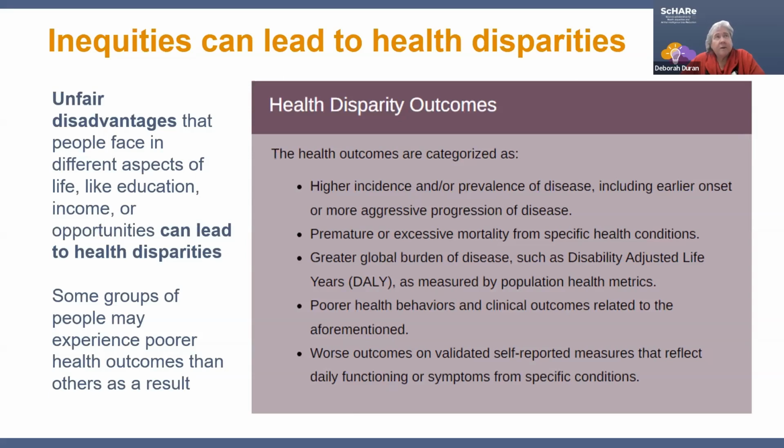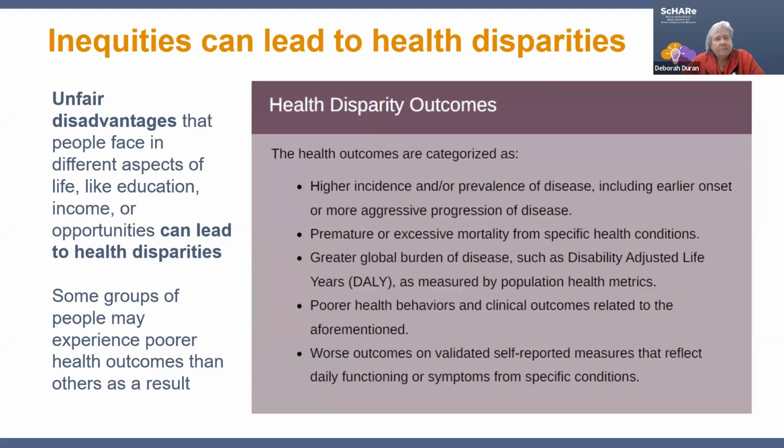And we think of health disparities based upon these outcomes: that there's a higher incidence or prevalence of a disease, there's premature or excess mortality from a specific health outcome, there's greater global burden of the disease, there are poor health behaviors and clinical outcomes, and there are worse outcomes on related self-reported measures like quality of life.